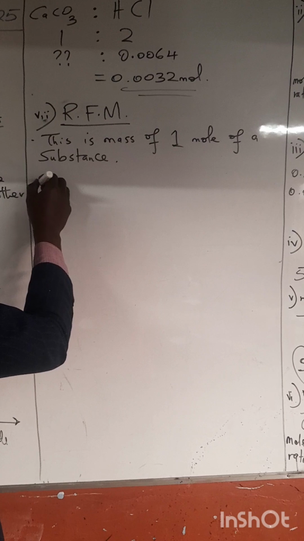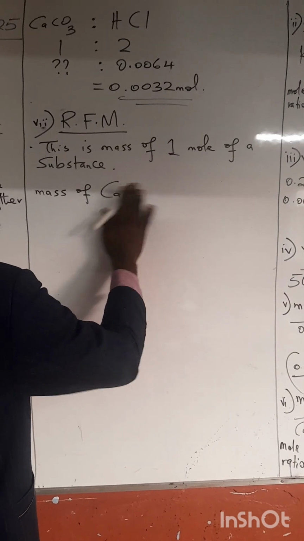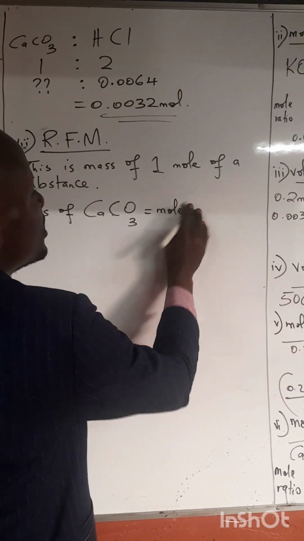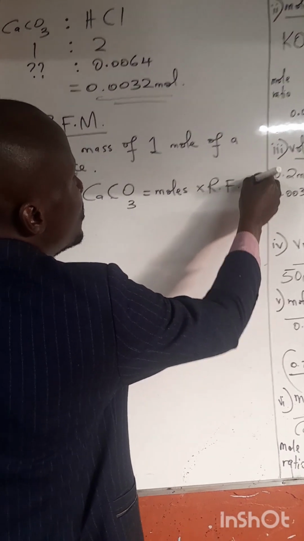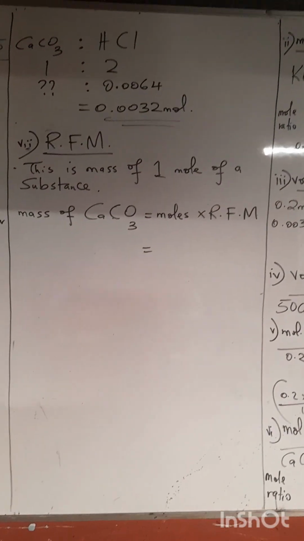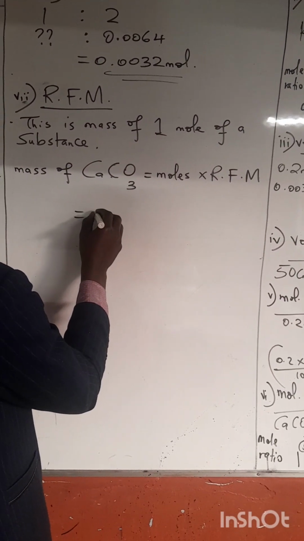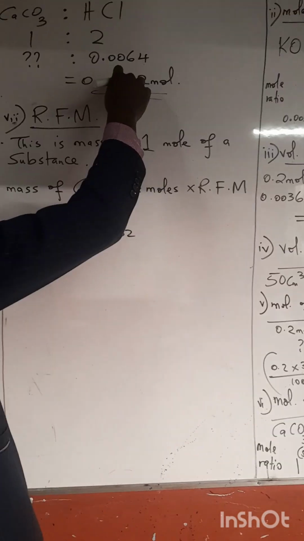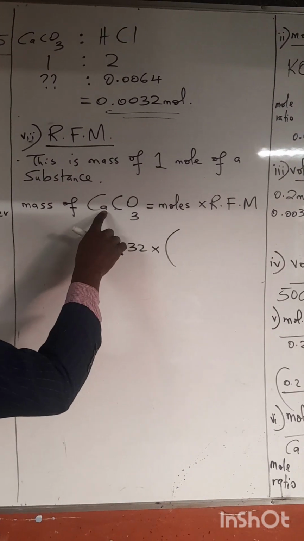So, from here, let us get the mass of calcium carbonate. What is the formula for finding mass? You take moles times relative formula mass. That is 0.0032 because we got them here, the moles of calcium carbonate that were used, times relative formula mass of calcium carbonate.